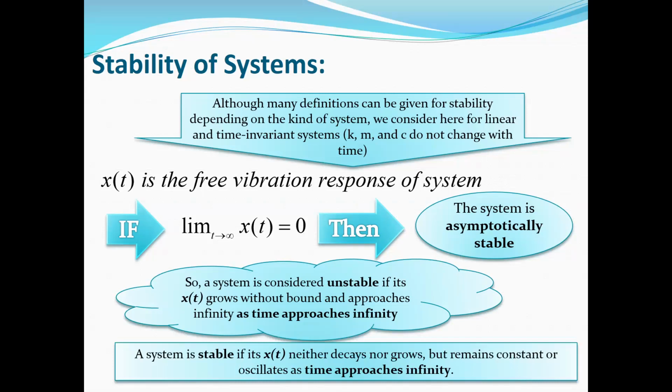For a stable system, the amplitude of the response remains the same. I mean, the amplitude of x(t) neither decays nor grows, and it remains the same. So this system is called a stable system.